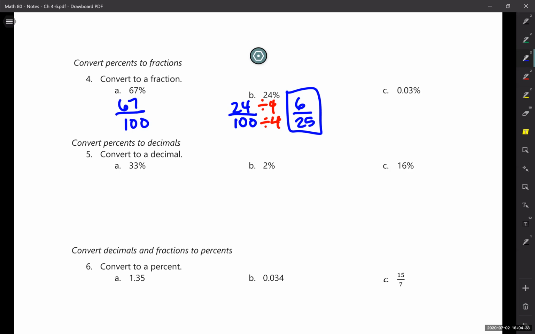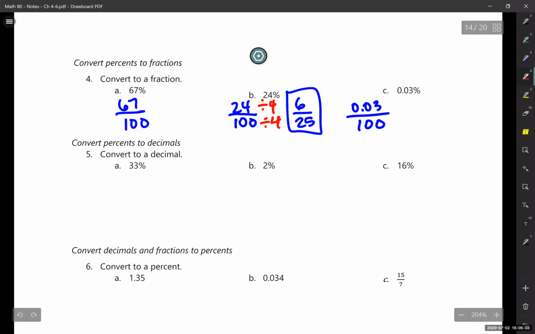Now, C is a little trickier because it's a decimal per 100. And so it's still the same setup. I'm still going to just write the number, no matter what number I get, over 100 because it was 0.03% or 0.03 of a percent. The extra layer here is we can't have a decimal in a fraction.